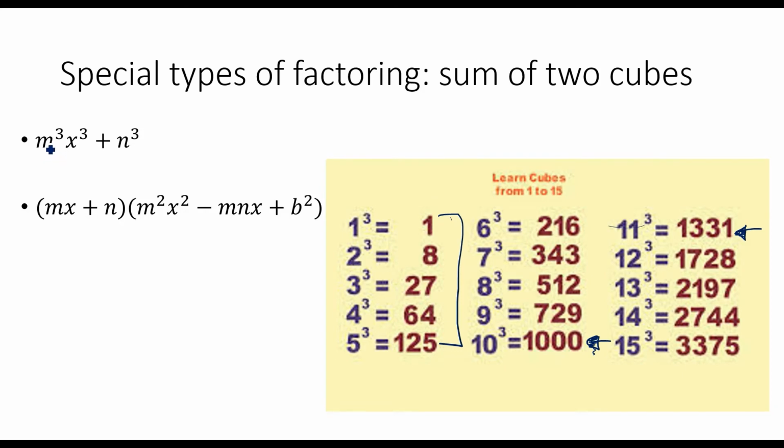sum of cubes just includes having a perfect cube in the front, having a perfect cube in the back, and then having x to the power of 3 on the first term.